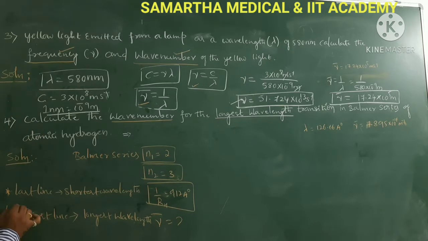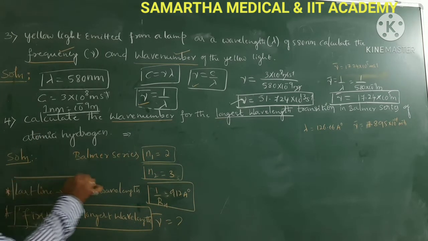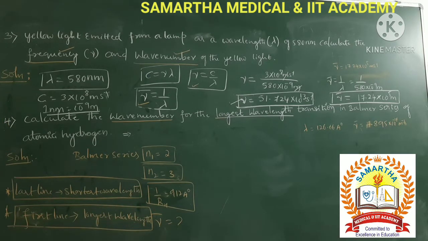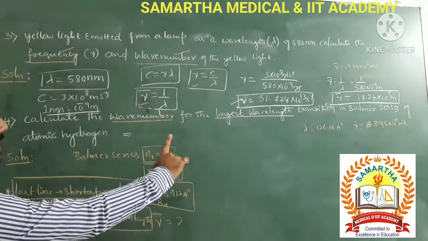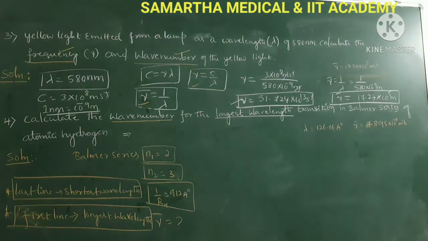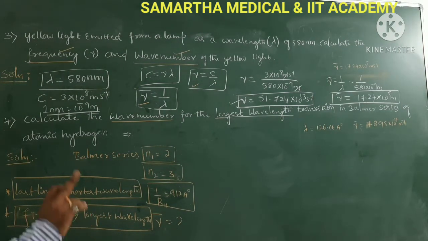First line has the longest wavelength and the last line has the shortest wavelength. So we have to calculate the longest wavelength transition in the Balmer series, meaning the first line.